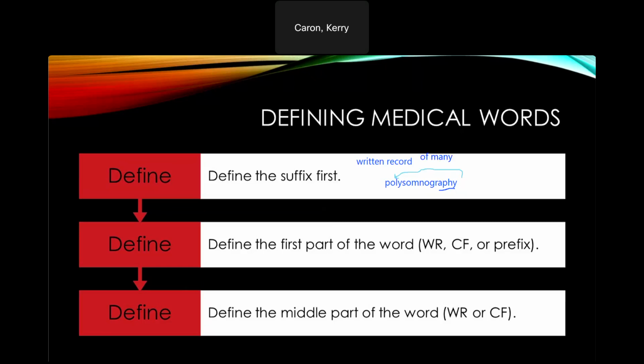So you're going to go from the suffix to the prefix, to the beginning of the word, and then to the word root. So here we have written record of many sleeps. And that's how you define polysomnography. You go to the middle of the word. So rather than saying sleep studies, you would say written record of many sleeps.